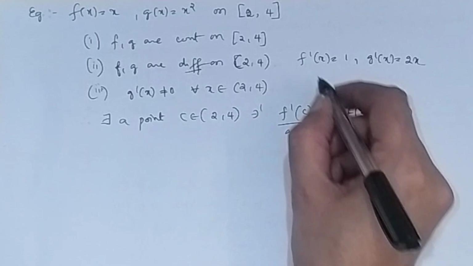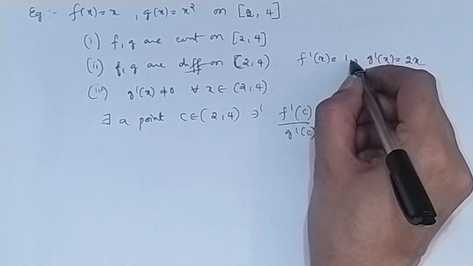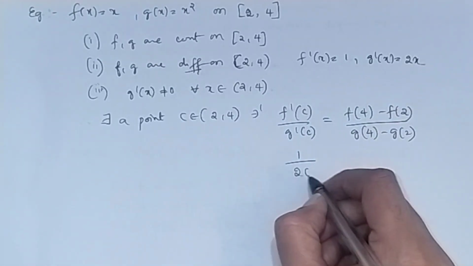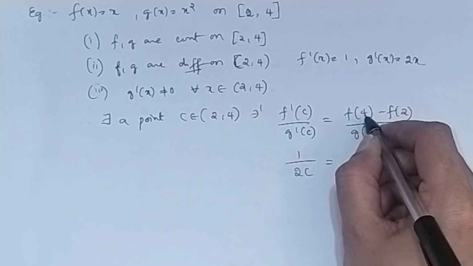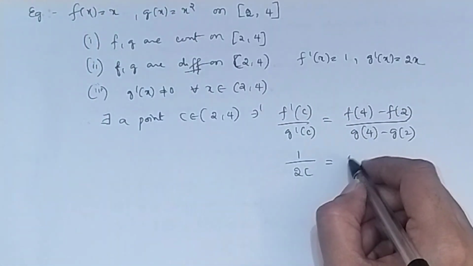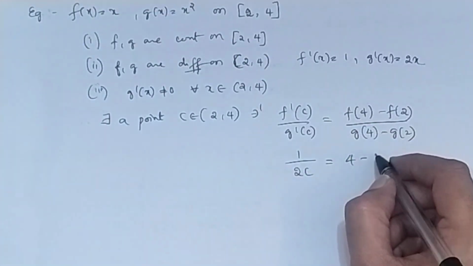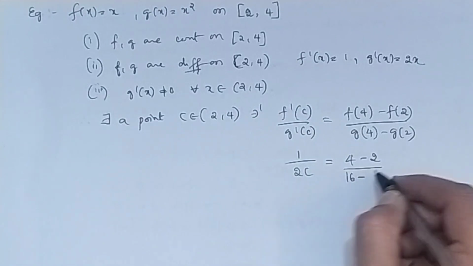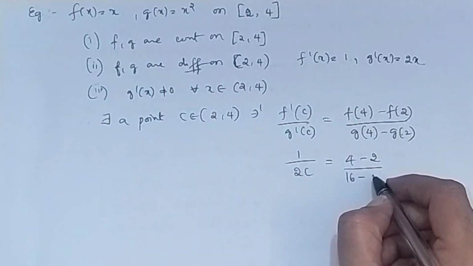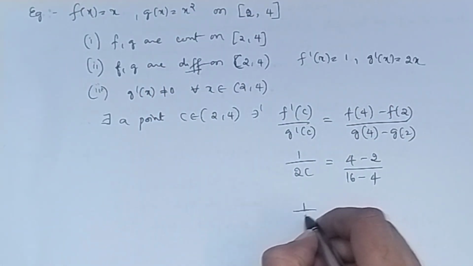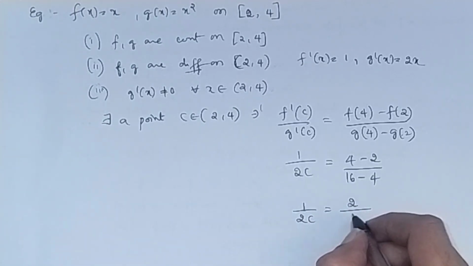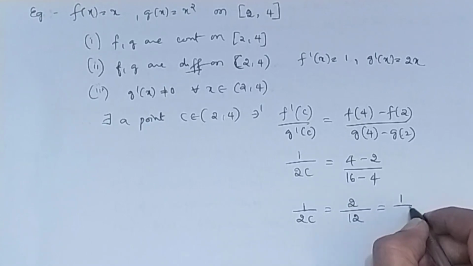So, f dash of c is 1 itself, 1 divided by g dash of c is 2c, which is equal to f of 4, means put x equal to 4 here, 4 minus f of 2 is 2, divided by g of 4 is 4 square 16 minus g of 2 is 2 square 4. So 1 by 2c equal to 2 divided by 12, which is equal to 1 by 6.